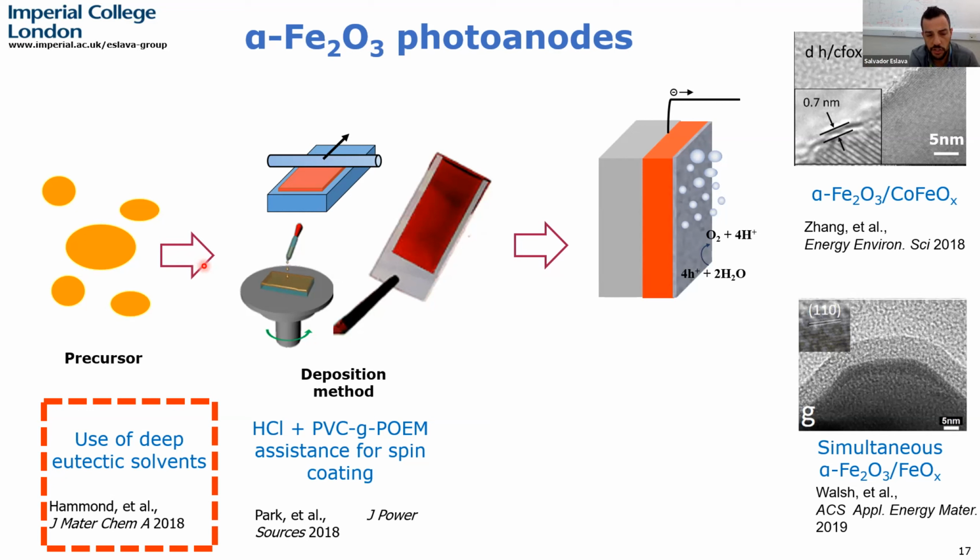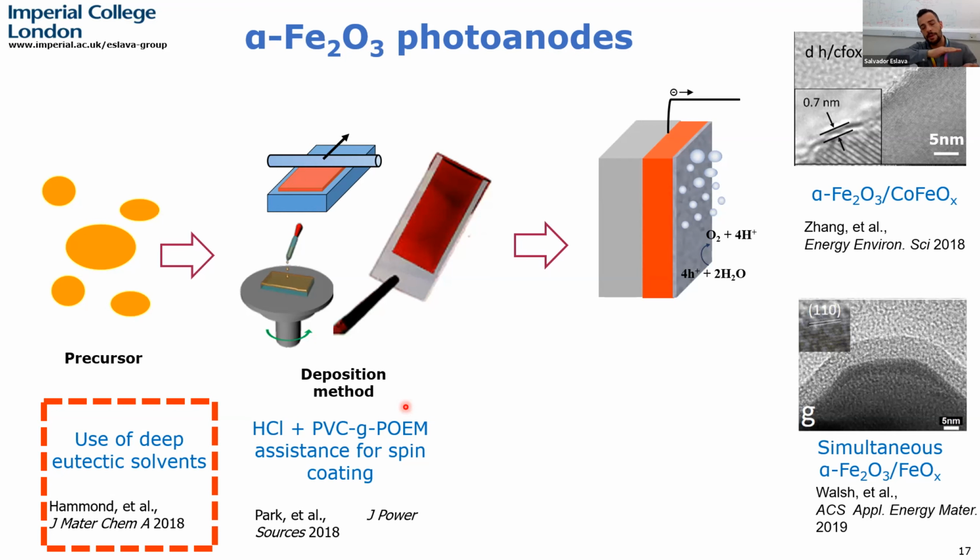We also saw that there is a lot of research on doctor blading of the hematite films, but doctor blading is not so reproducible as spin coating. So we tried to develop inks for spin coating, and eventually we found that we can use the iron oxide particles, a bit of hydrochloric acid that partially dissolves the particles, and this copolymer that works to disperse the particles in the suspensions, in the inks, and to generate final porosity at the end.